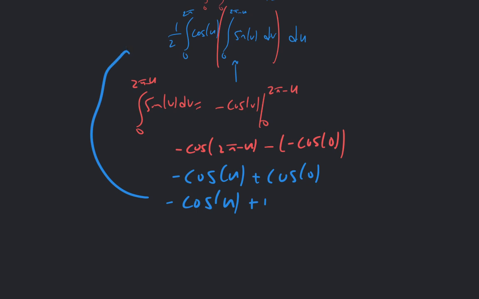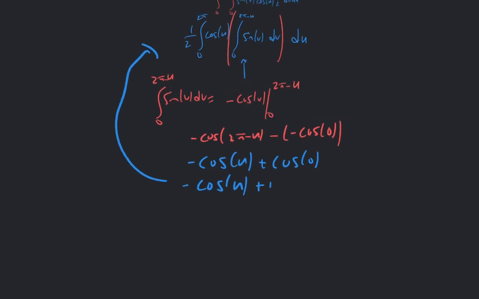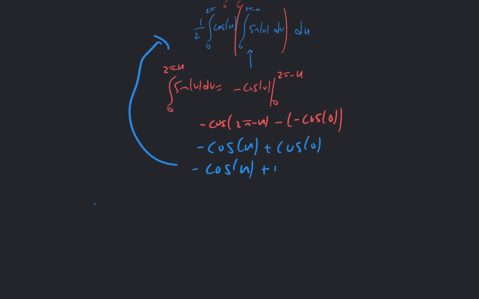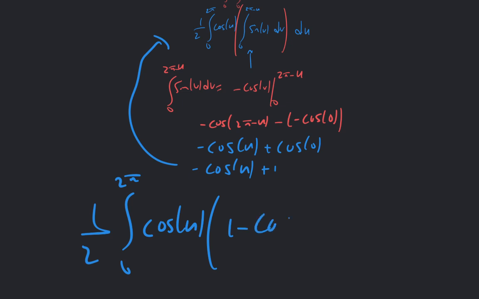And then we're going to plug that back into our original integral. So now 1/2, 0 to 2 pi, cosine of u times 1 minus cosine of u du.